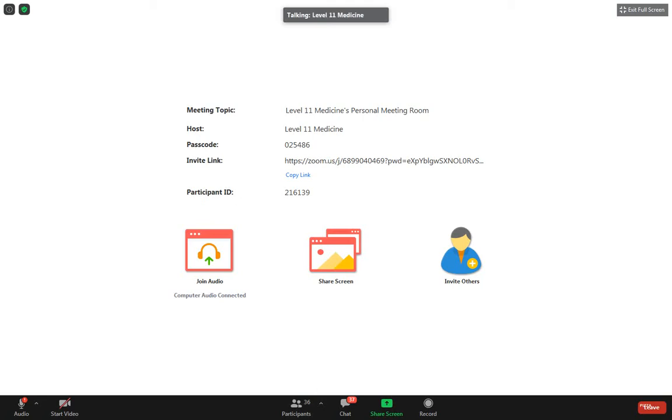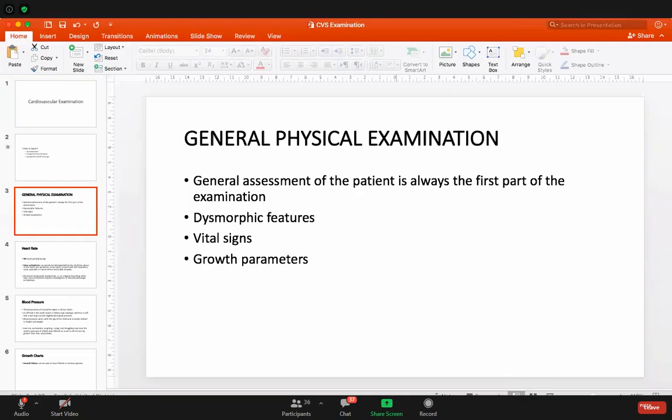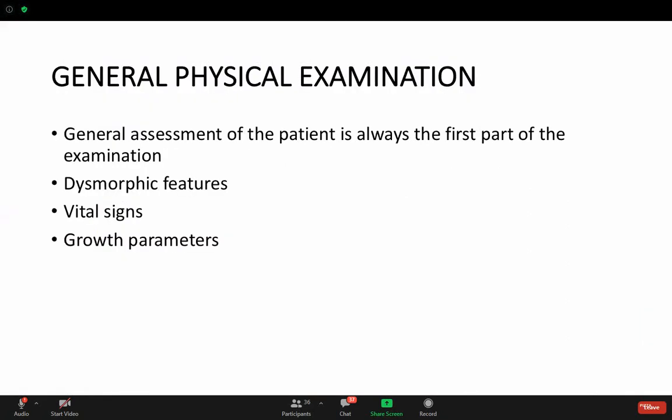في بعض النقاط البسيطة راح نغطيها بس to complete ال physical examination components. زي ما قلنا once you try general physical examination، for any system you have to start with the general assessment of the patient.